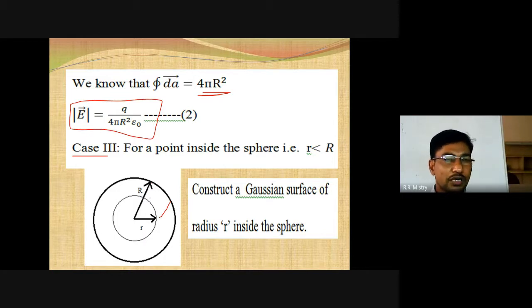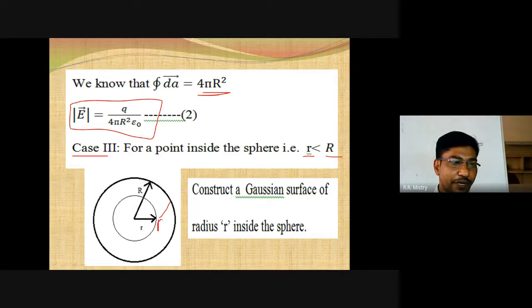Therefore we construct a Gaussian surface of radius r inside the sphere, because the point small r is less than capital R, the original sphere, but you are interested in finding the electric intensity inside the sphere.